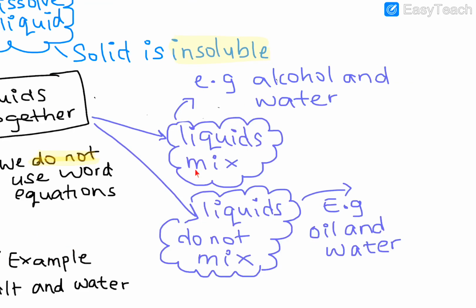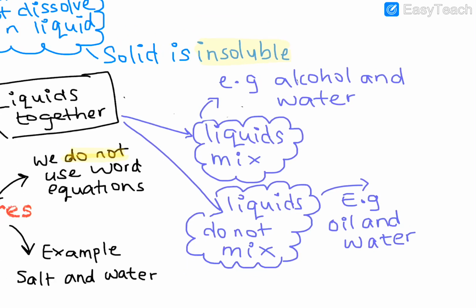I've written it down: liquids that mix, example alcohol and water, and liquids that do not mix, example oil and water. Here you will see the oil, you will see the water. With alcohol and water, you will not be able to identify where the alcohol is and where the water is. They just come together as one whole substance. Here you can distinguish the two.